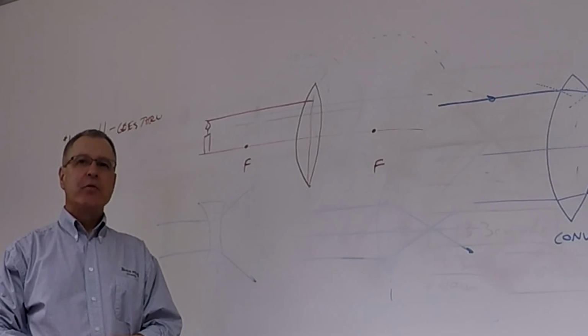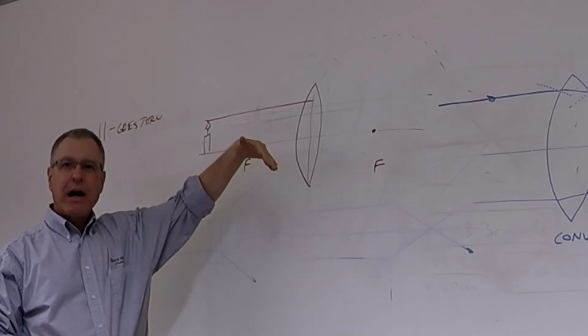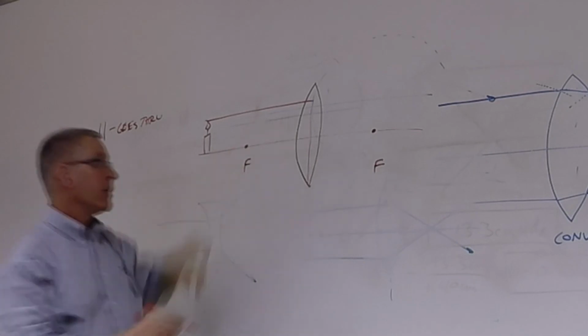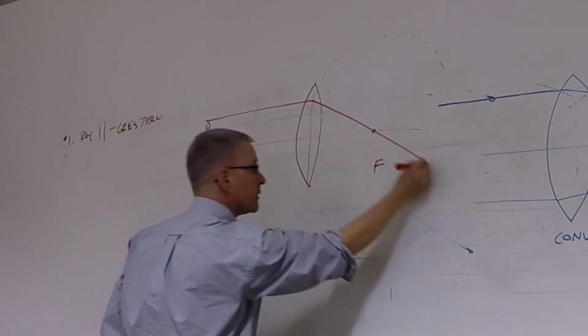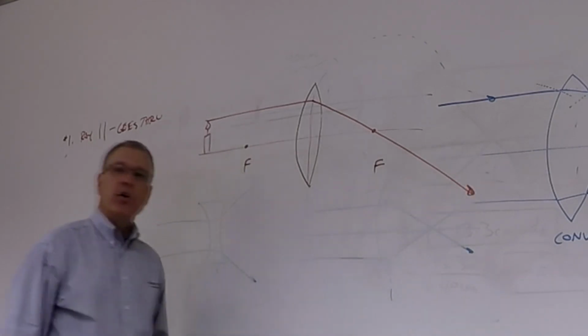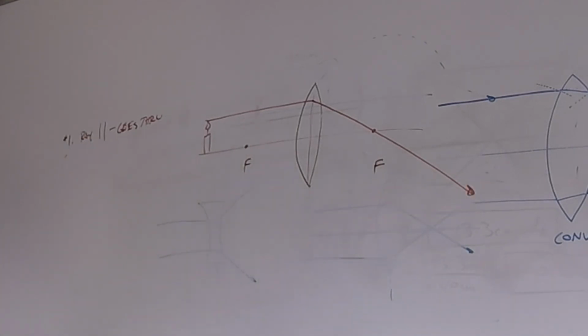It's a converging lens, so I know it better bend down. How much is it bending down? If I went in parallel, it's going to go through this focal point. I can only use a focal point once. That's the reason for doing this one, it ties up one of your focal points.